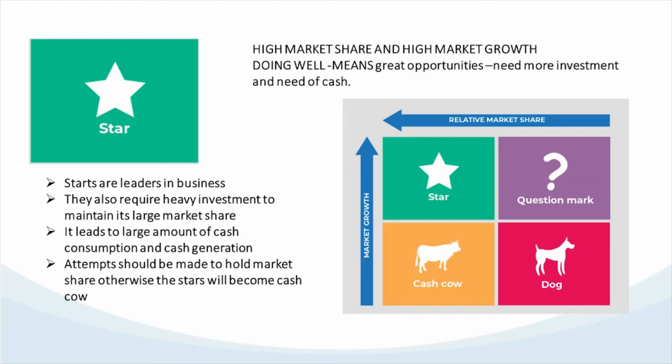They also require heavy investments to maintain their market share. So here management focuses more on maintaining the share. Once you reach the top, it's very important to maintain that position. So management in the star quadrant is focused on maintaining their market share, and all the decisions they take are to just hold on to the position. It leads to large cash consumption and cash generation.